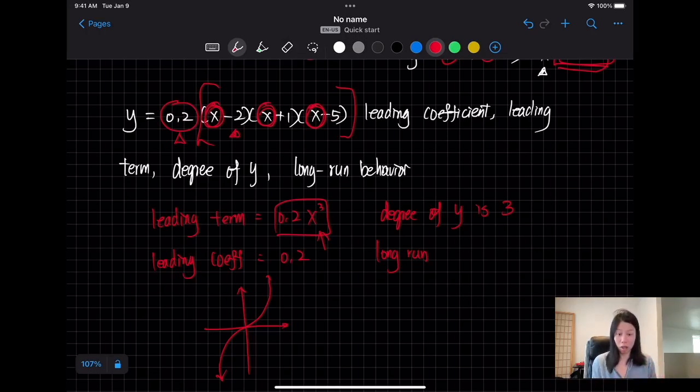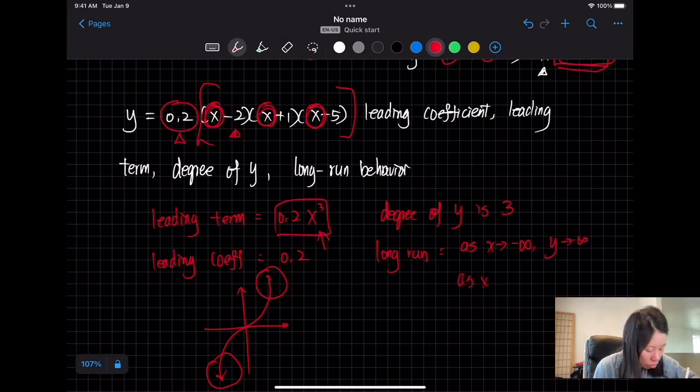How fast they grow, how steep the slope is, we don't care. So the long run behavior is going to look like this graph, and when we look at these two ends, we know that as x goes to negative infinity, y also goes to negative infinity. And as x goes to positive infinity, y goes to positive infinity. So that would be the long run behavior.